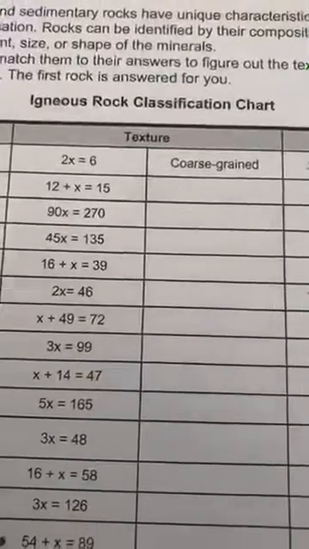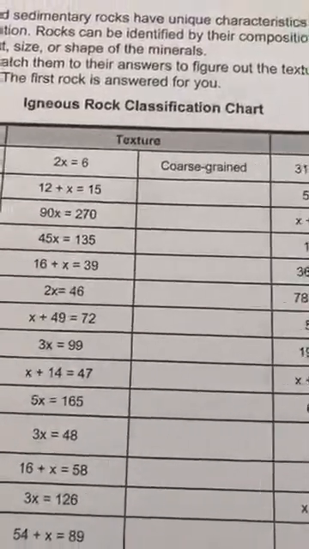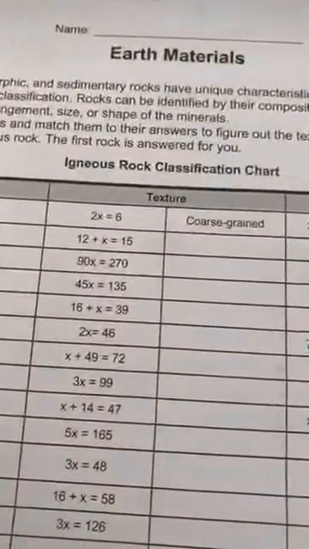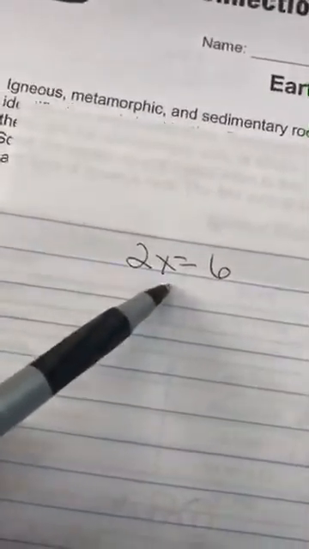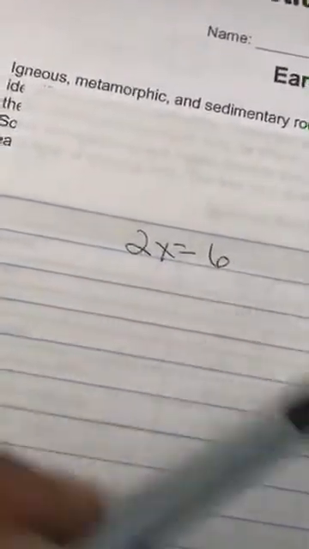So the first one is 2x equals 6. What they're telling me is: 2 times what number gives me the answer 6?